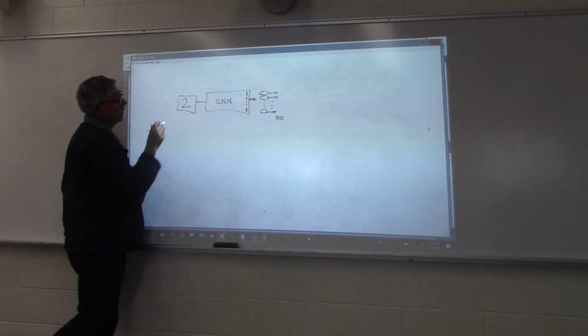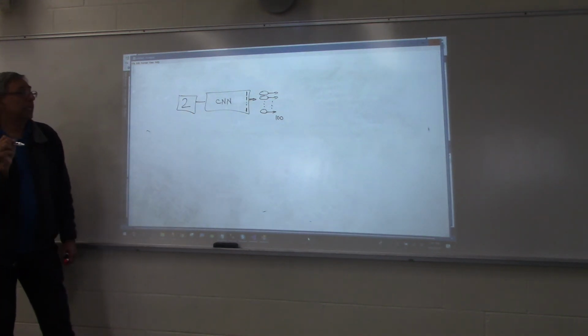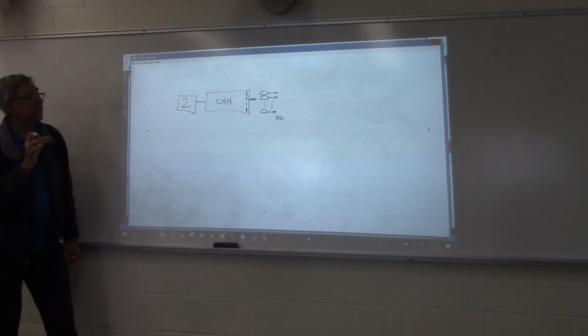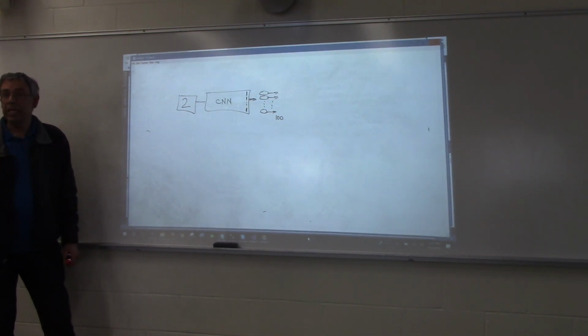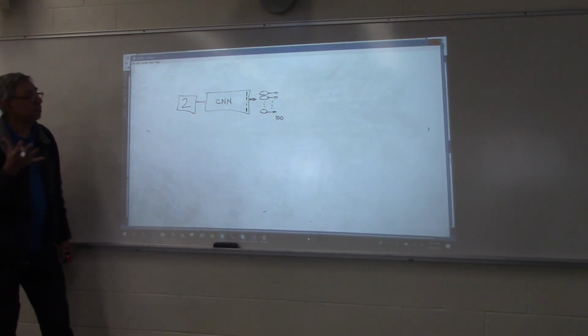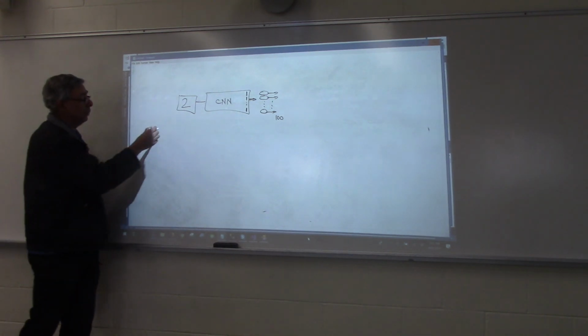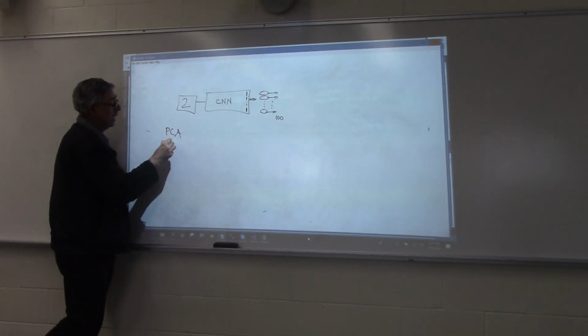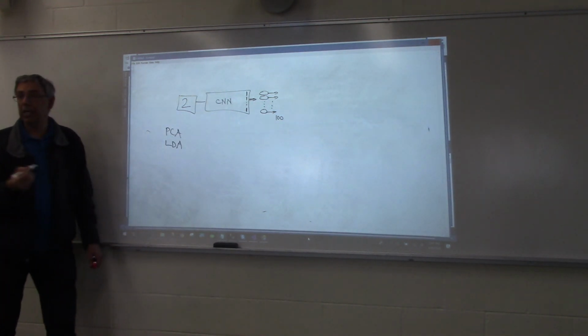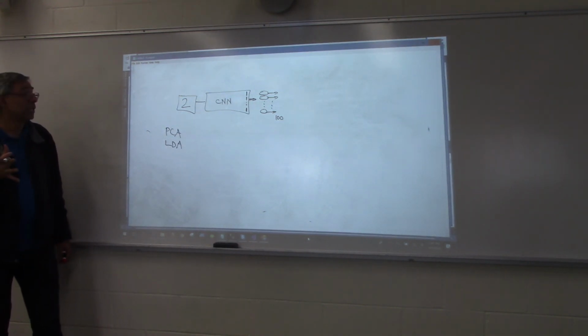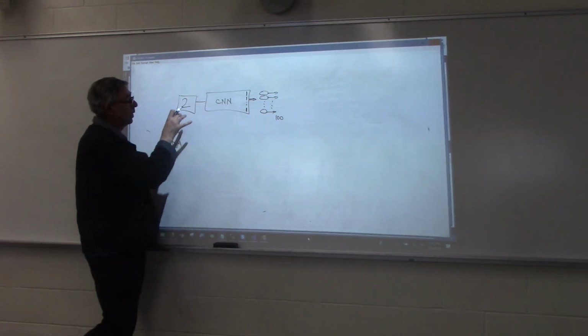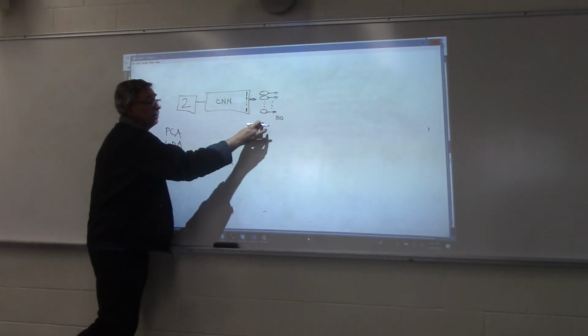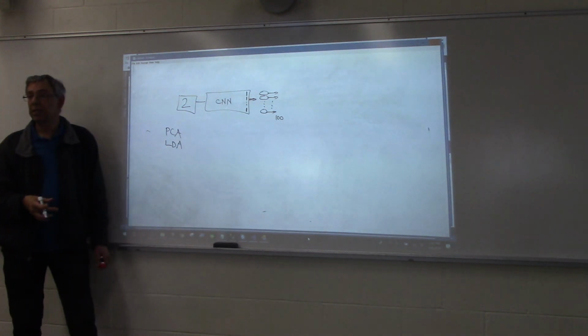There's a couple of ways to think about it. One way is that we essentially have reduced the dimensionality. Those of you in computer vision, we just went through PCA and LDA algorithms, which are dimensionality reduction algorithms. There also we were feeding it an input and it was giving us the reduced dimensions.